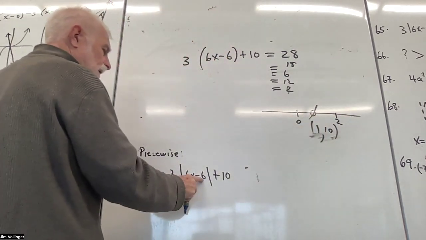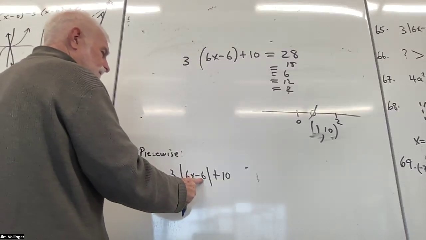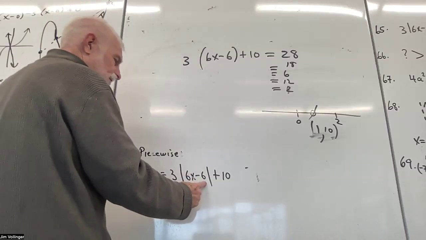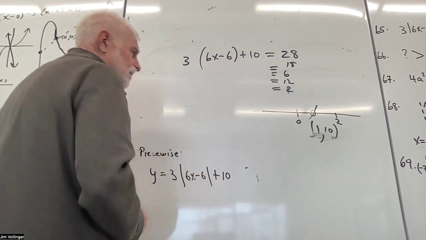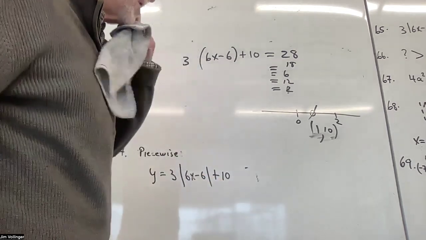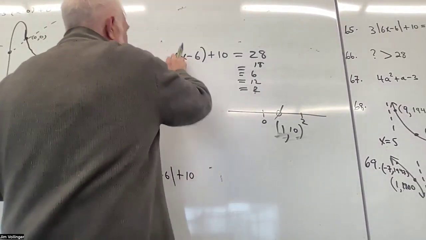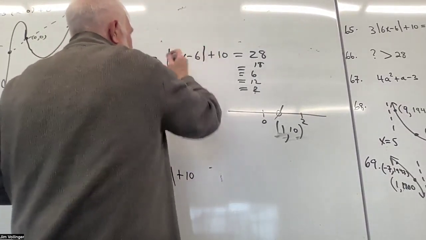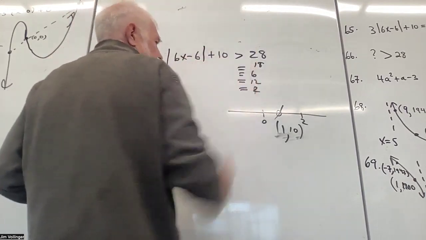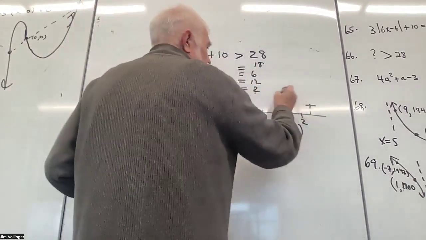If we put a 0 in, we get negative 6. Absolute value of negative 6 is the magnitude of the number, which is 6. Times 3 is 18, plus 10 is 28. So it seems like it checks. And then we were going to figure out when this function is greater than 28. Well, now that I have that, I know it's true, false, true.